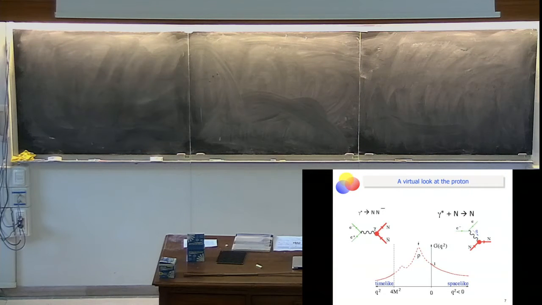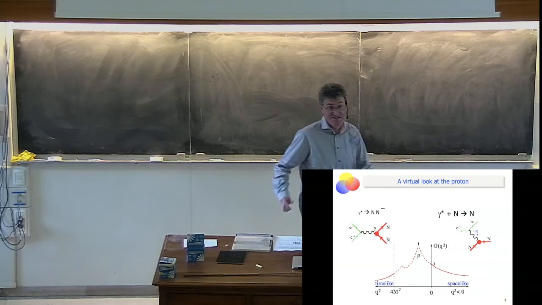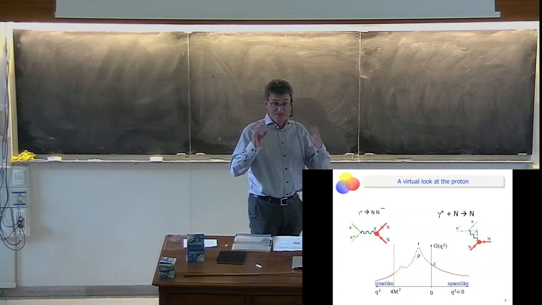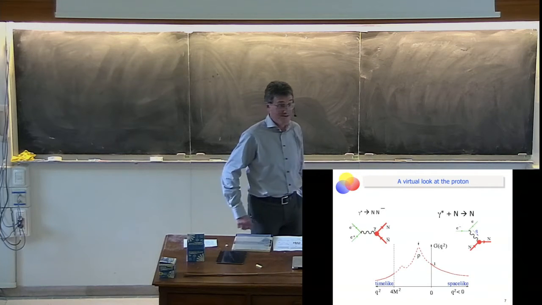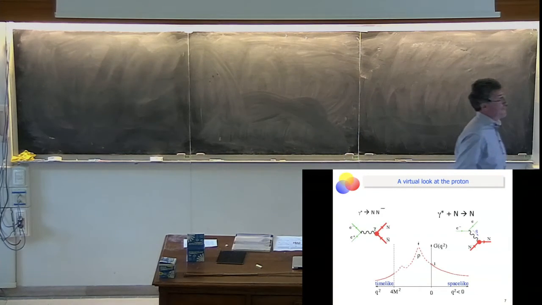That negative q squared space-like dependence reflects something, and that I'll come to in more detail. It reflects the distribution of charge, the space-like charge distribution. So it is somehow the form factor of the wave function in x space, absolute value squared.